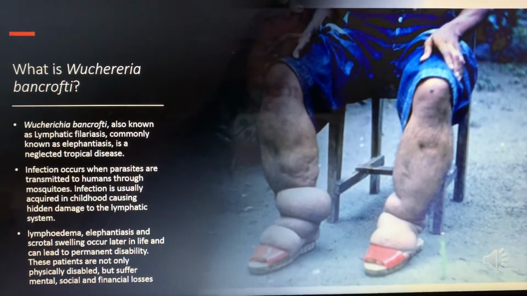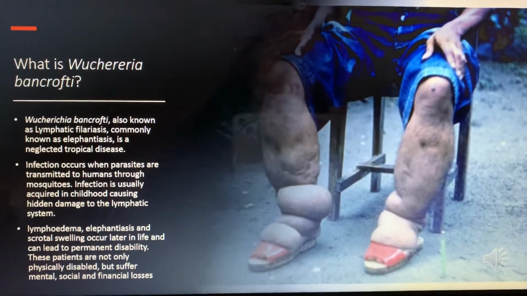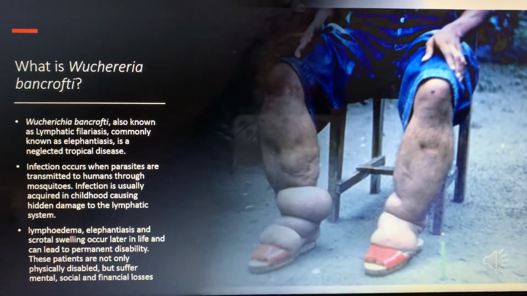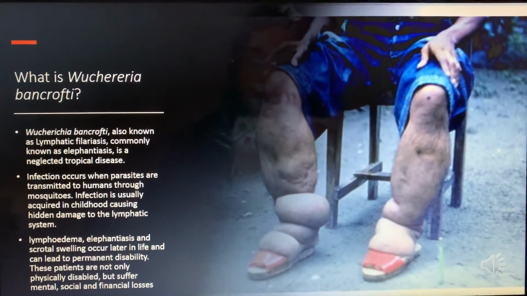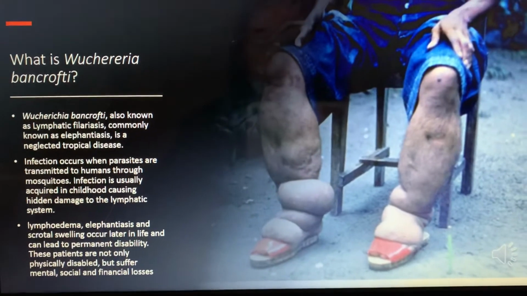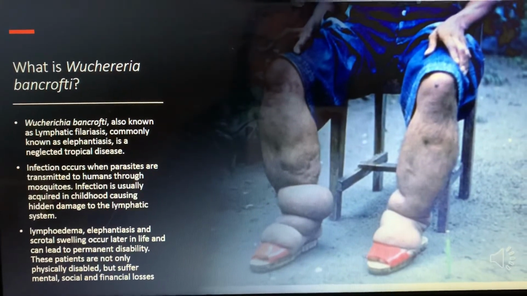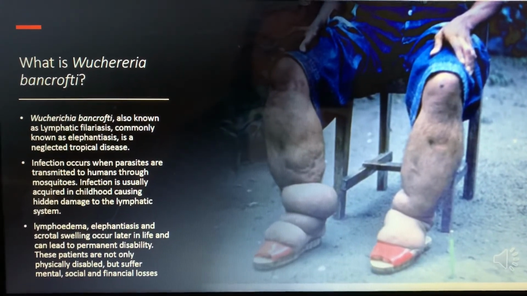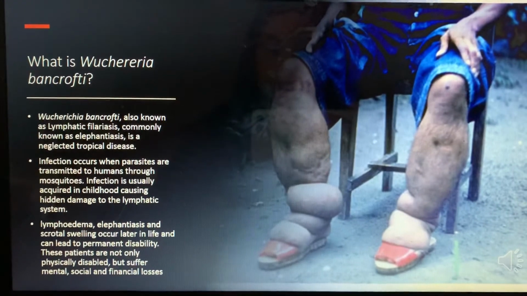So what is Wuchereria bancrofti? I've personally never heard of this disease in my life until I started researching on it. I have heard another name for this disease called elephantiasis.